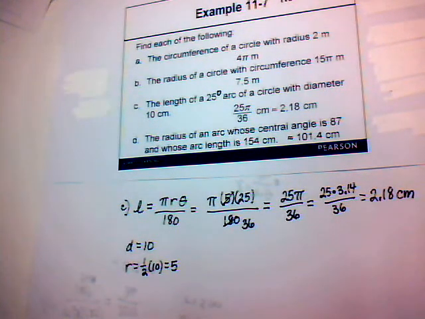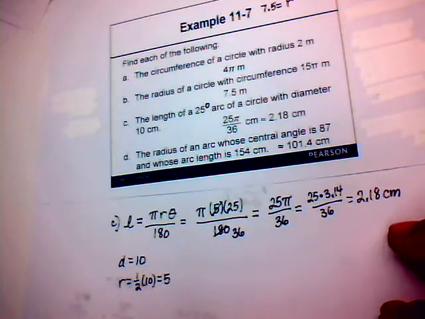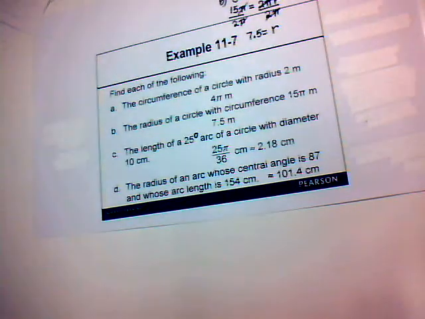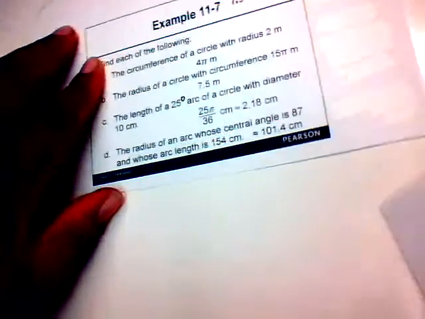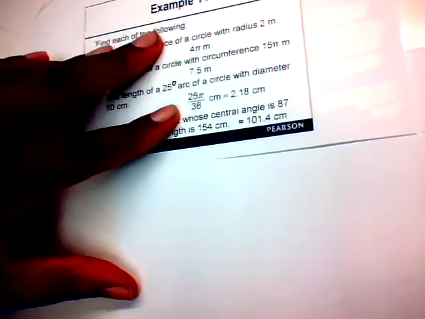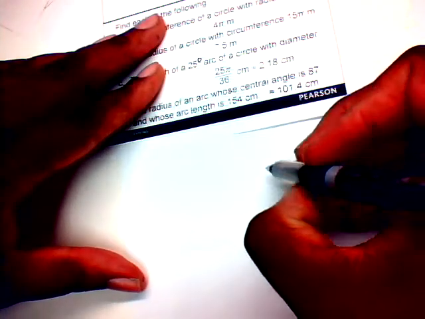Okay. And part D is the radius of an arc whose central angle is 87 degrees and whose arc length is 154 centimeters. So in this case here, we're trying to find the radius of the arc using this formula.